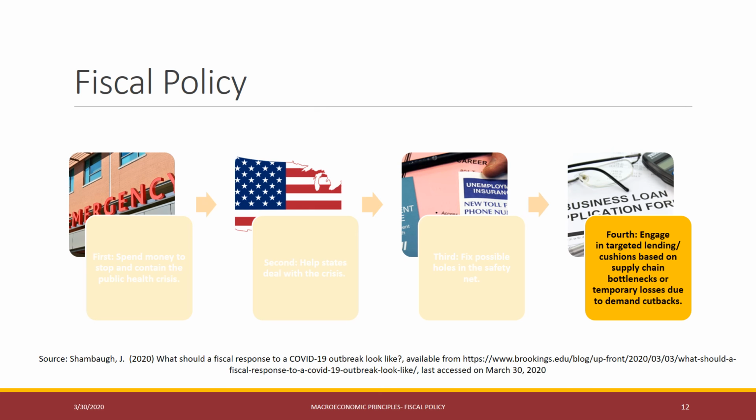The fourth response is to engage in targeted lending based on the supply chain bottlenecks or temporary losses due to demand cutbacks. While the Federal Reserve has lowered the borrowing cost broadly, it is not able to target specific firms, as per the article.